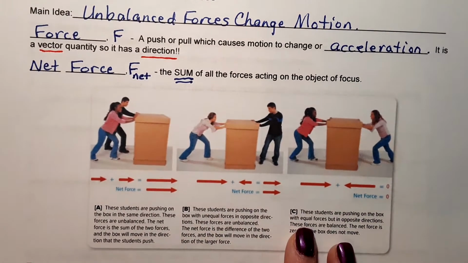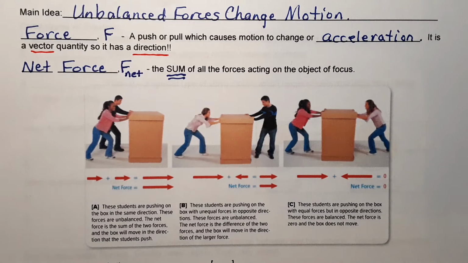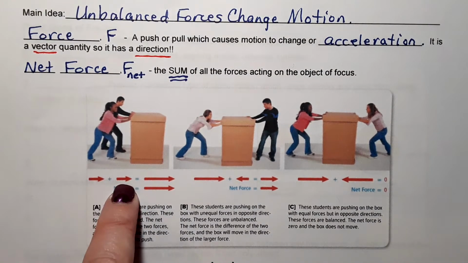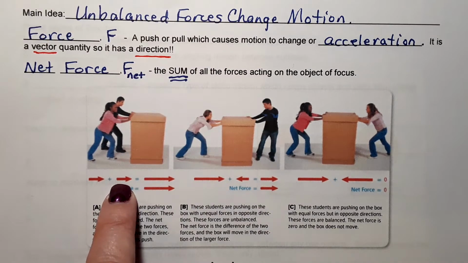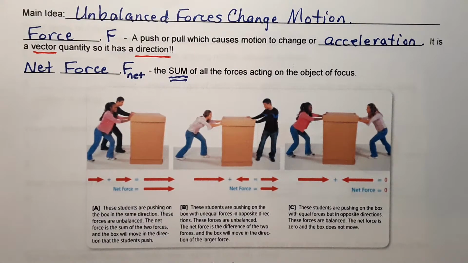So look at this example here. You have a big crate being pushed in various ways by people. So let's take a look. In this first one, both people are pushing in the same direction. Notice we are using red arrows to indicate the direction of the force, and the length of the arrow indicates the size of the force.